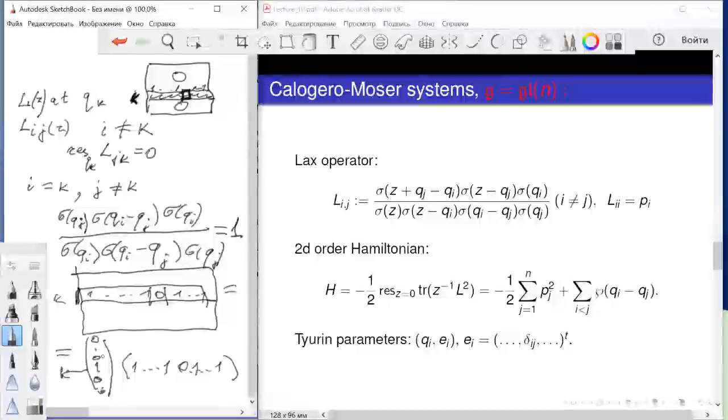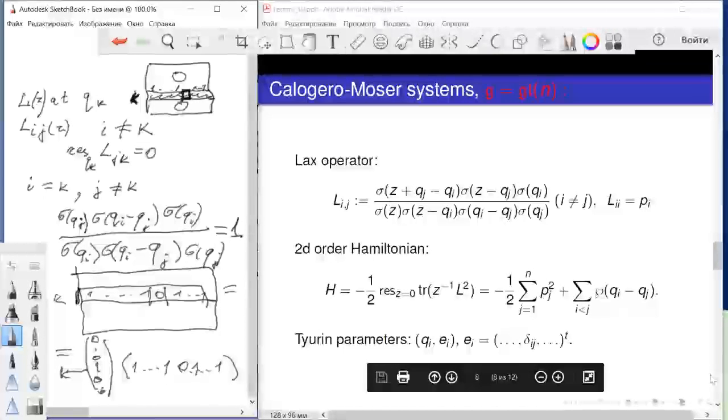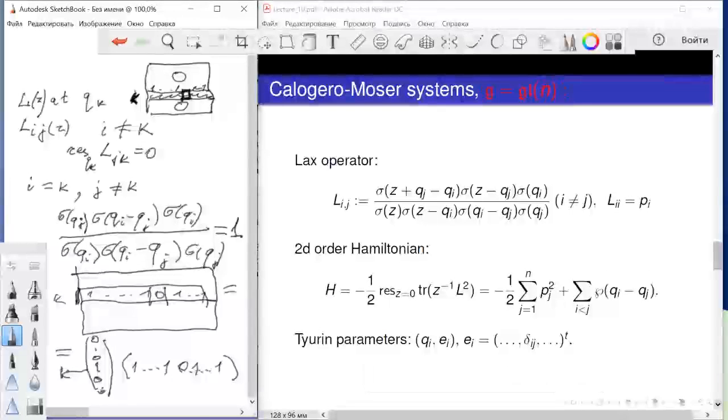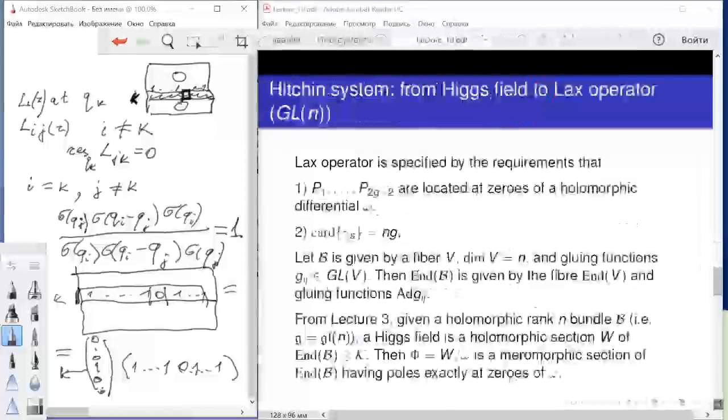Okay, these are constant vectors which have a unit at the K-th place and zeros in all other places. Well, any question at this point? We must certainly check other conditions, but let me leave it as an exercise.